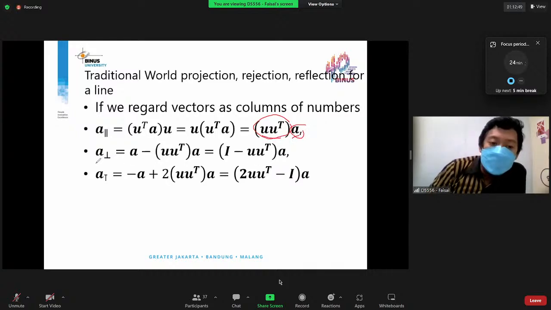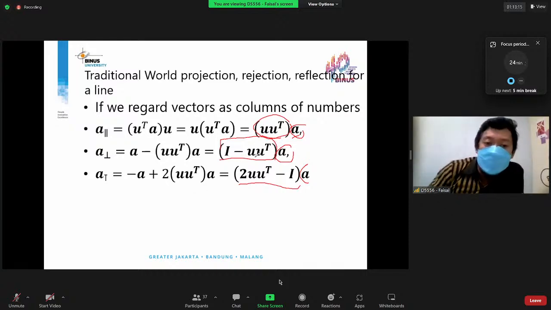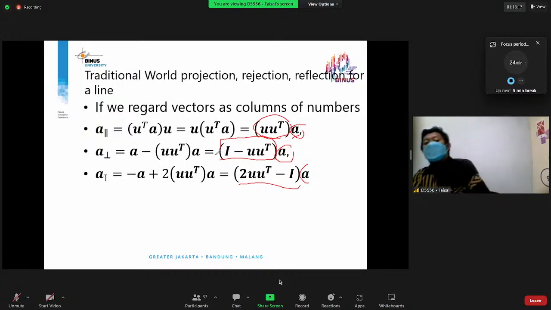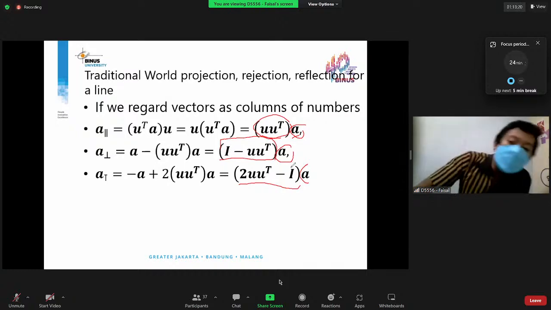The rejection is also a matrix multiplied with A, multiplied with the vectors, and the reflection is also a multiplication between a matrix and the vector. So all these transformations are linear transformations, because we can find the transformation using multiplication by a matrix.